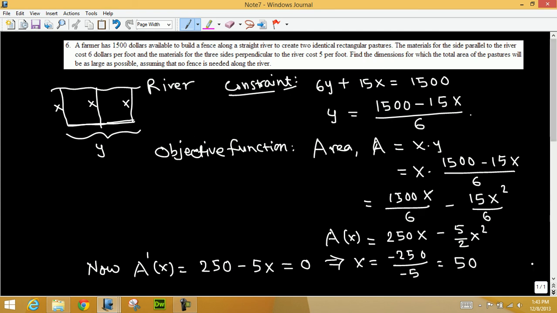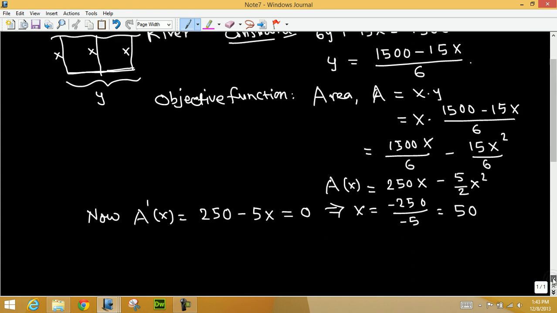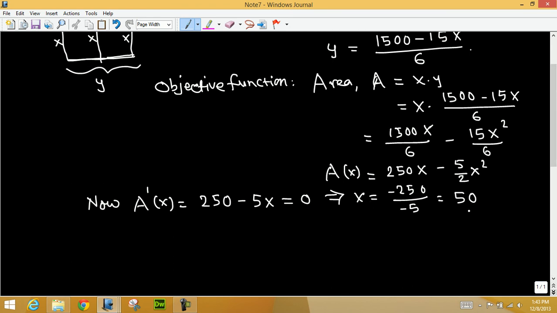Okay, but the question is why x equals 50 maximizes the area. For that we find the second derivative. This is the first derivative, 250 minus 5x, derivative of 250 is 0 minus 5, so negative 5, which is negative.